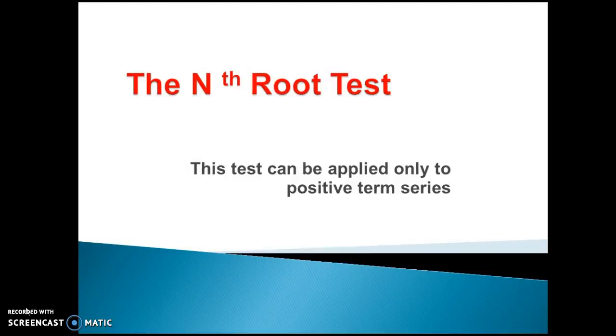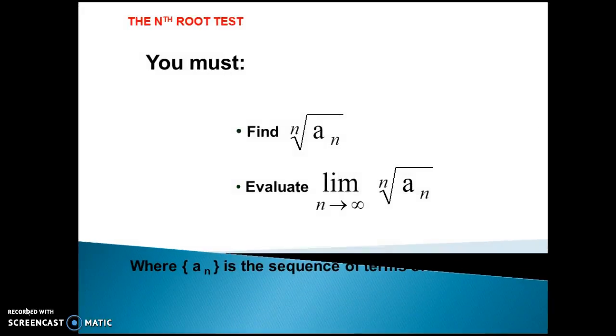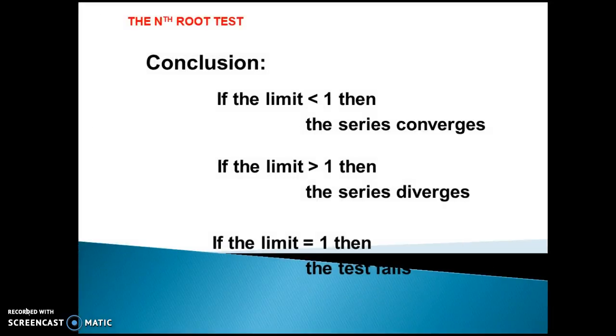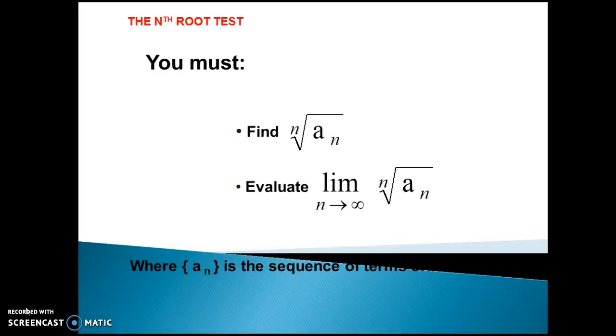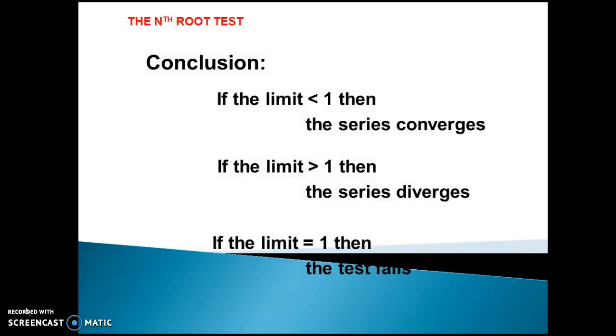The nth root test. This test can be applied only to positive term series. Take the nth root of an, then take the limit as n tends to infinity of the nth root of an. Conclusion: if the limit value is less than 1, then the series is convergent. If the limit value is greater than 1, the series is divergent.